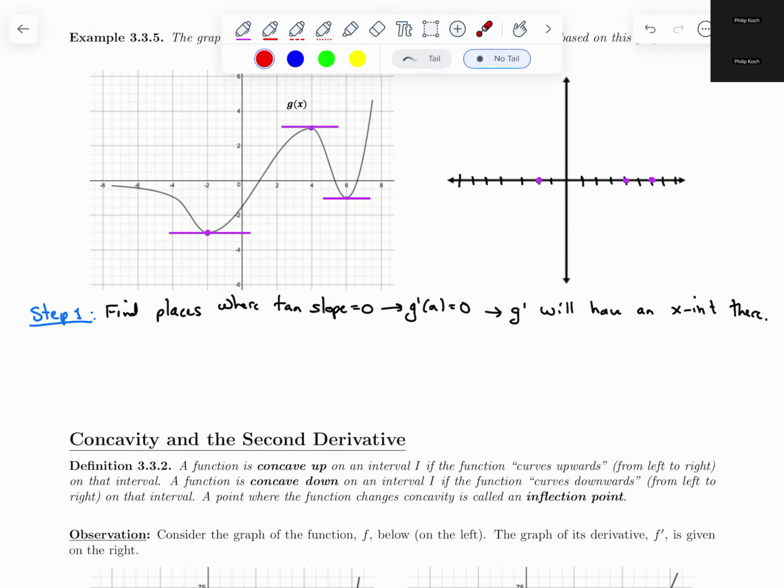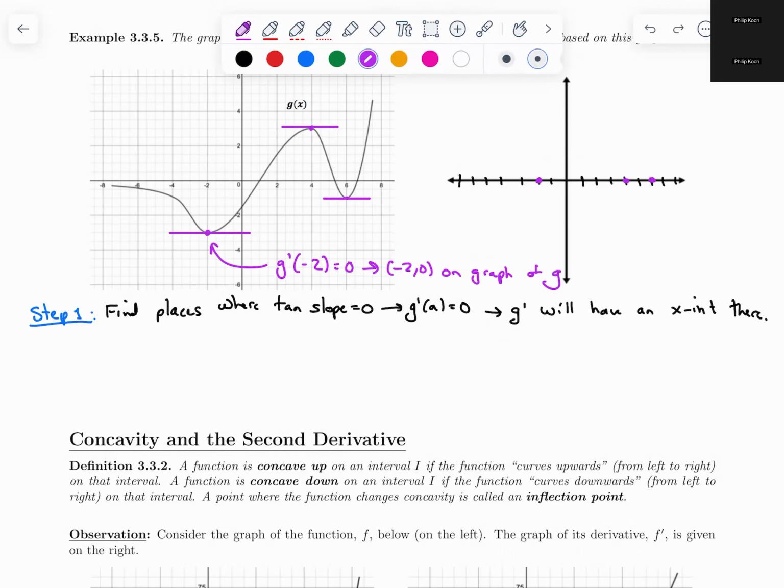Thinking about that in function notation, that's going to be on the x-axis. g prime of -2 equaling 0 means you have the point -2. So let's even write that down. That's a good point. So g prime of -2 equals 0, which implies that (-2, 0) is on the graph of g prime of x.